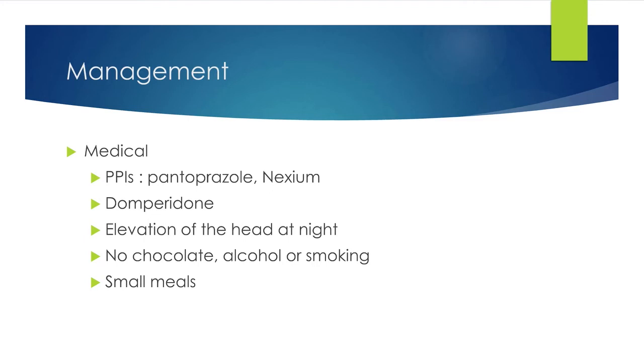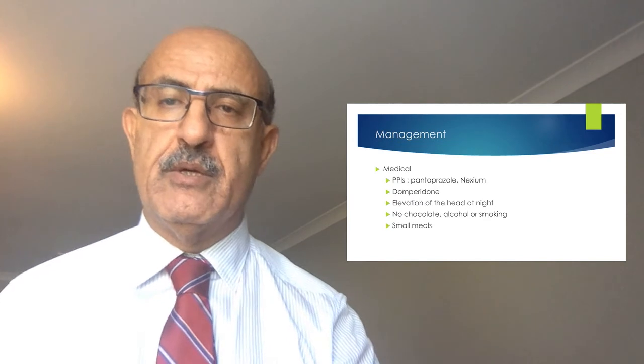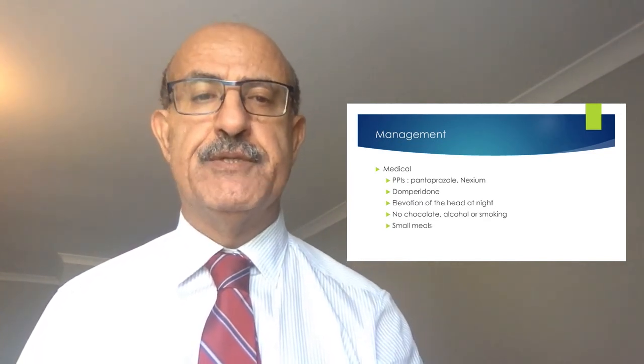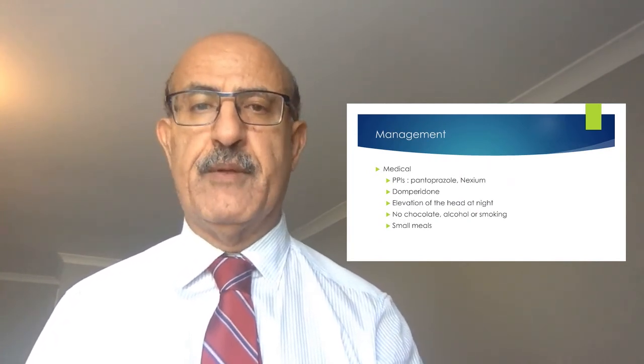We ask the patient to have small meals rather than large meals, and certain people do not tolerate spicy food or fatty food, so we try to eliminate the offending agents that make their symptoms worse, and then we see them afterwards.